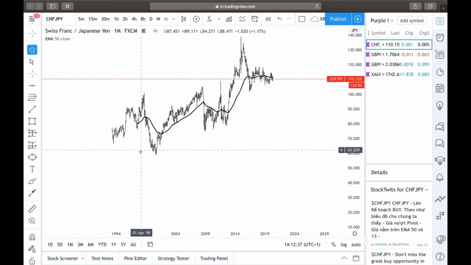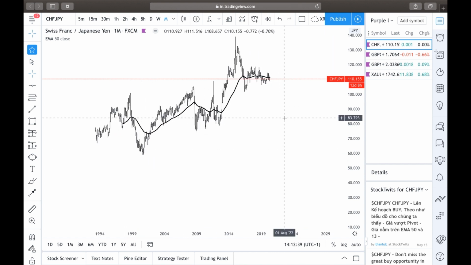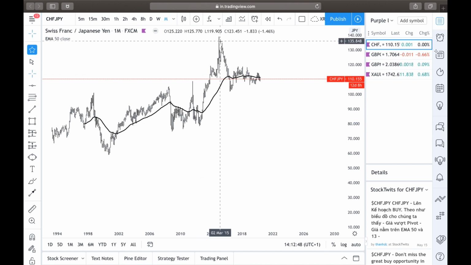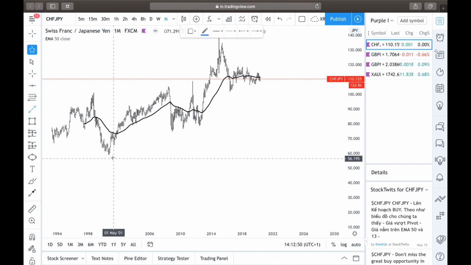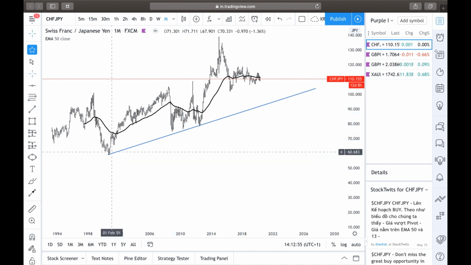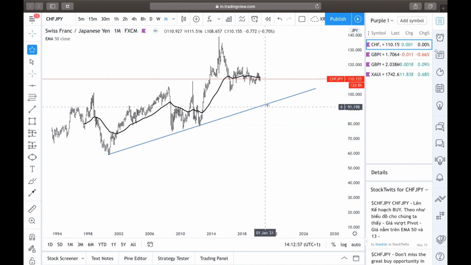We can clearly see it's making higher highs and higher lows. We made a higher high, higher low, higher high, higher low, higher high, higher low, made a higher high, and now we're looking for the higher low on the bigger time frame. This is the descending trend line, stick it on, 1 touch there, 2 touch there, now we're looking for the 3rd touch.